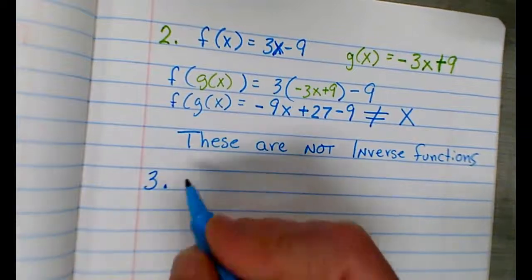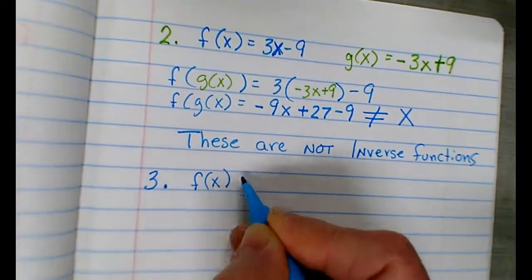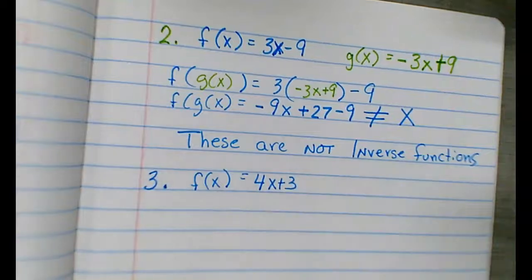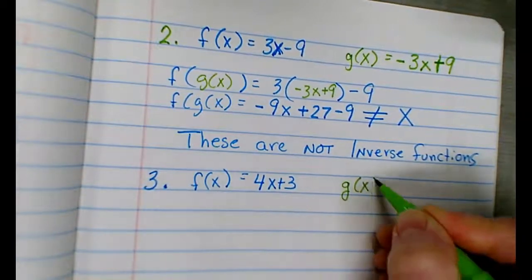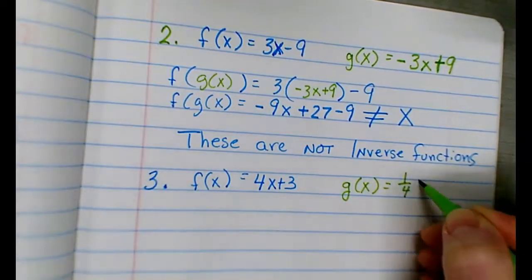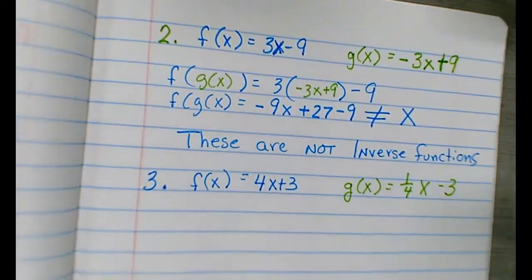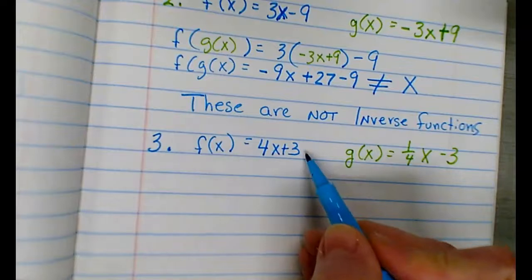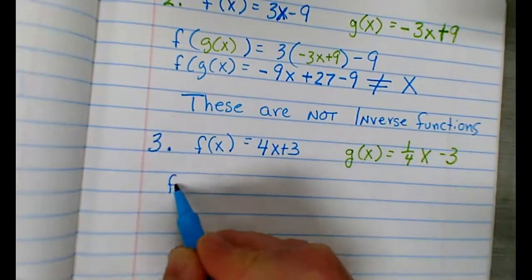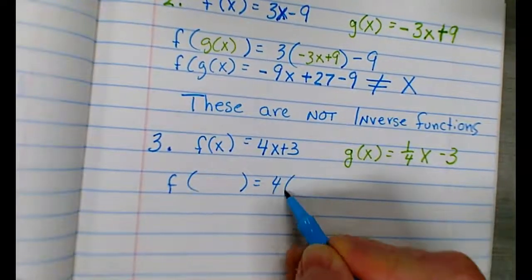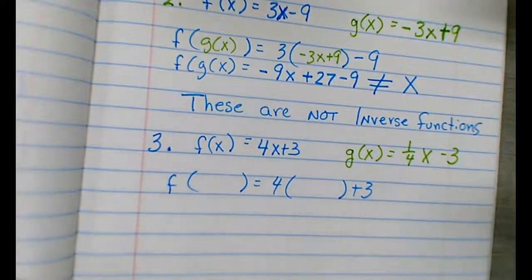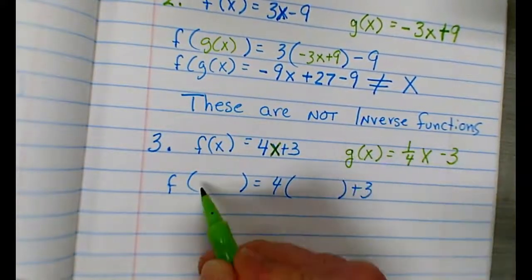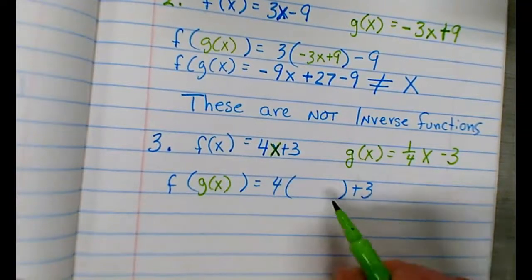So let's try another one. f of x is 4x plus 3. g of x is 1/4 x minus 3. To prove it's an inverse, I do a composite. I start with f of x, and in place of the x, I substitute the other function.